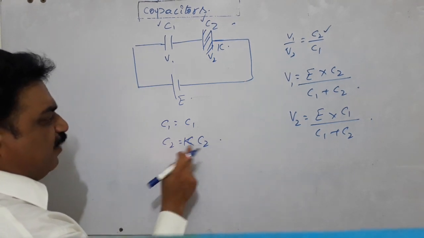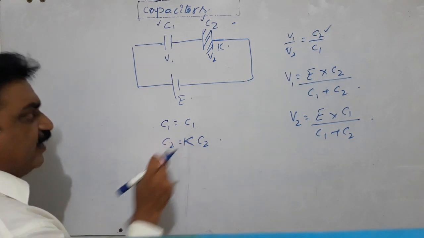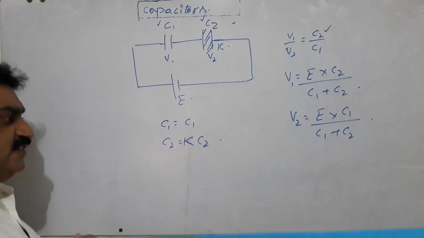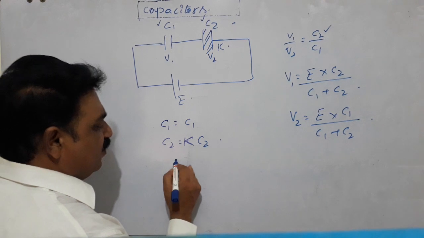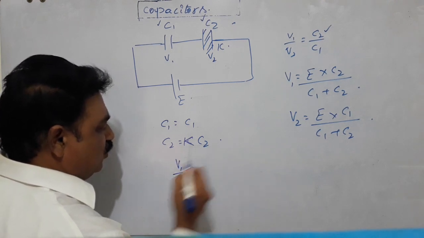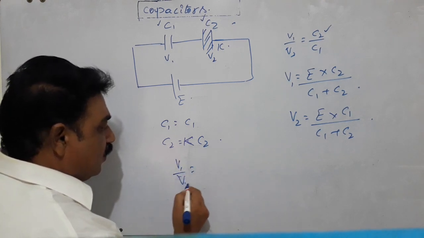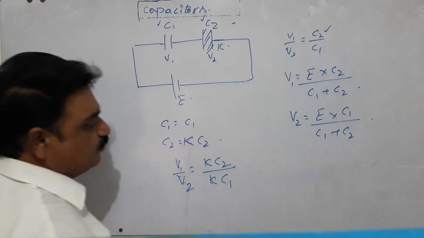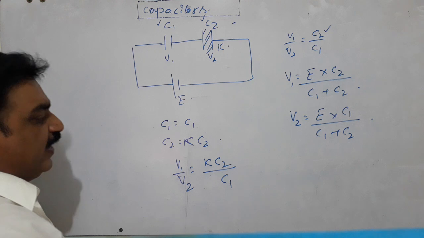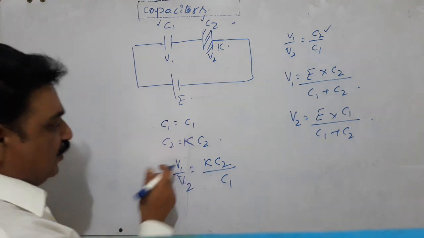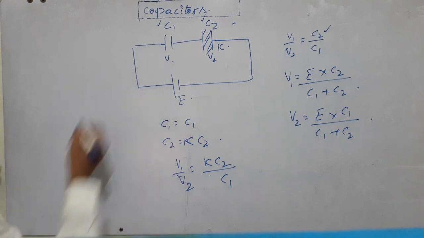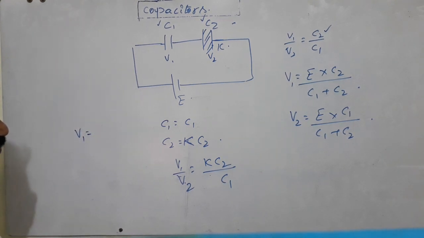The capacity of a capacitor increases by K times if a dielectric medium is introduced between the plates. In such a situation, V1 by V2 is equal to KC2 by C1. What is the potential drop across the first capacitor?